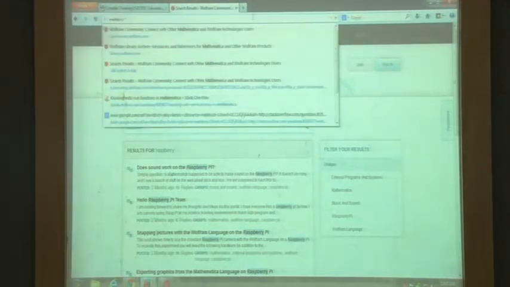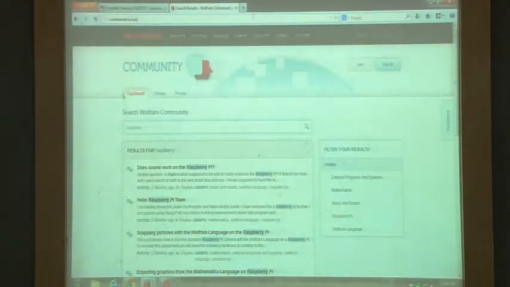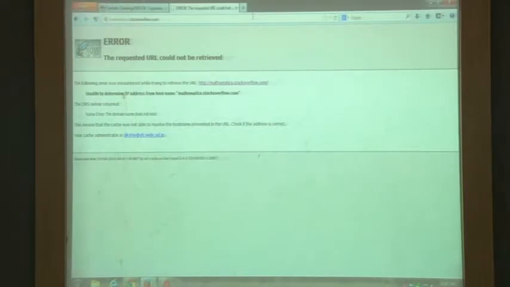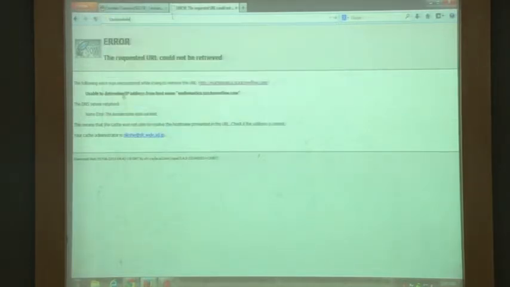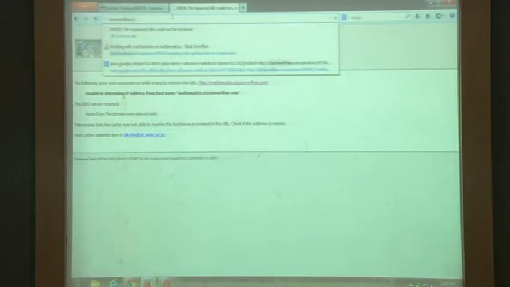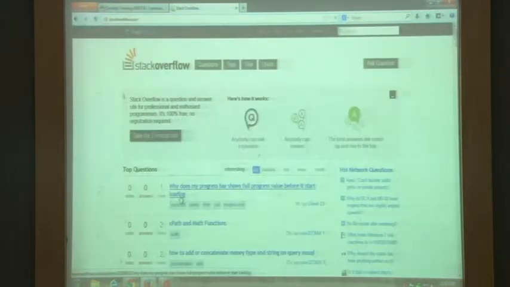The second one is Mathematica Stack Overflow. What is that? Sorry. It should be Stack Overflow, right? Yeah, how come it's not letting me?